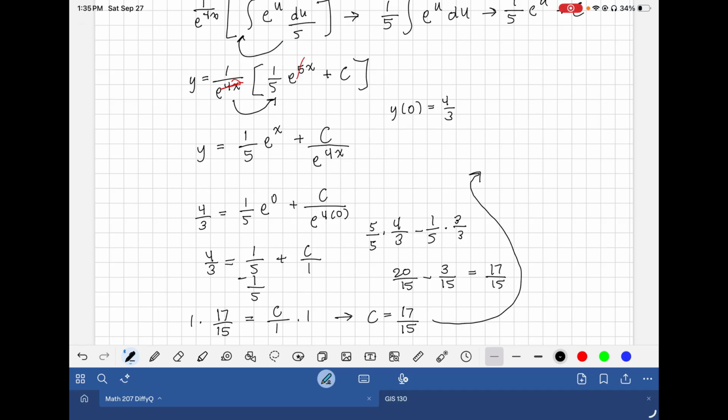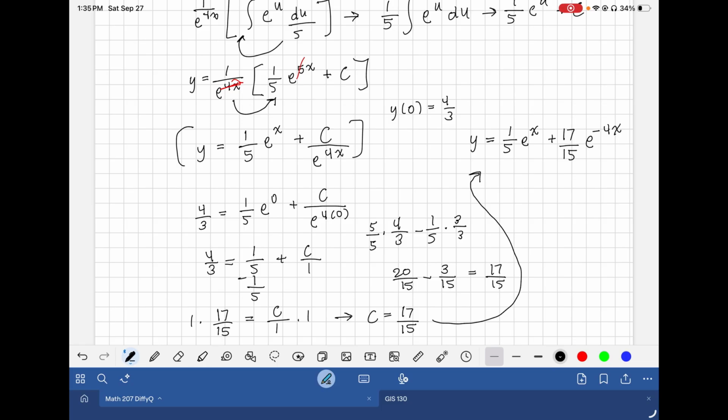So now that we have our C, we can rewrite our original general solution that we got over here. So that's going to be y is equal to 1/5 e to the x plus, and to make it a little bit more legible, I'm going to write 17/15 and then e to the negative 4x, because it was on the denominator, so we just wanted to note that.